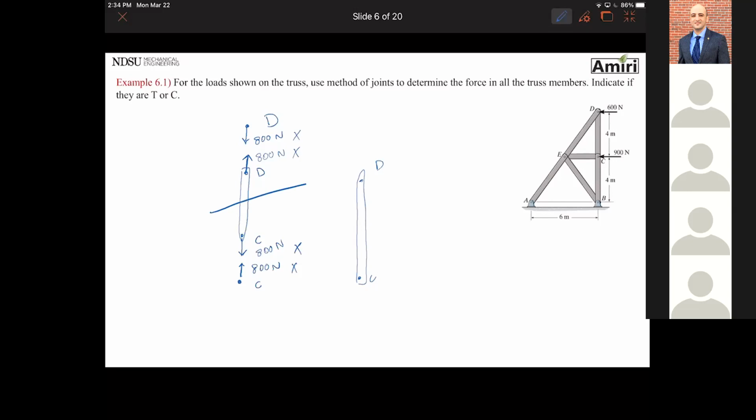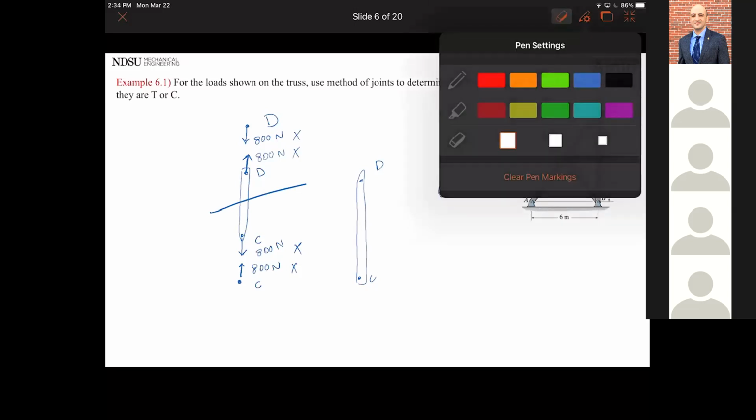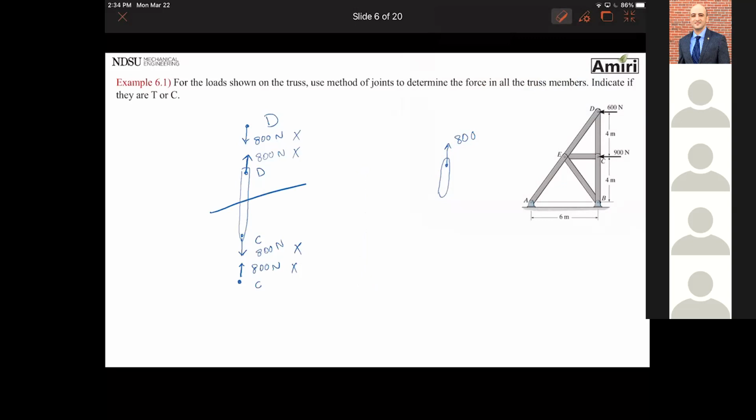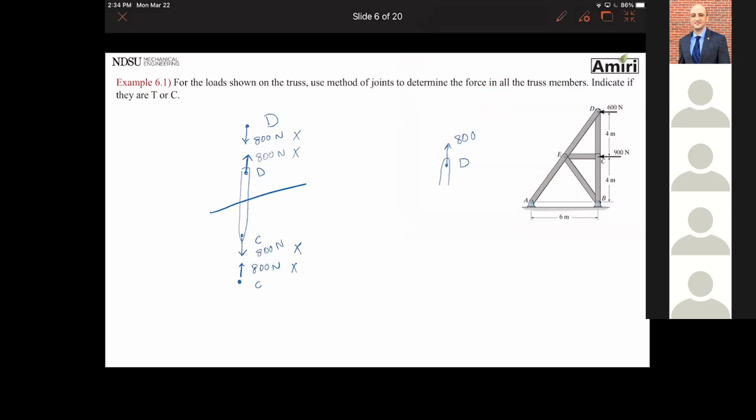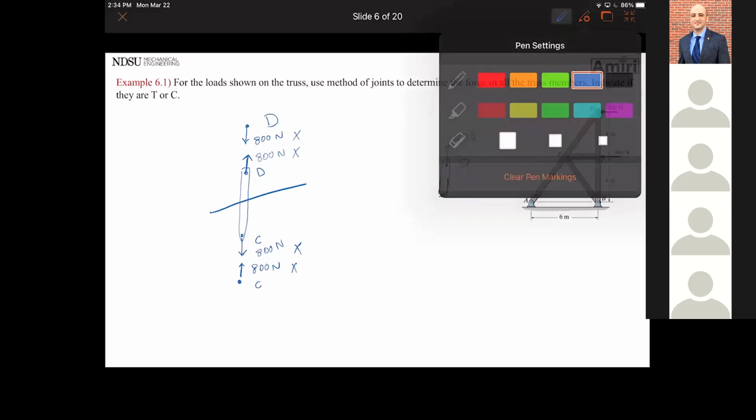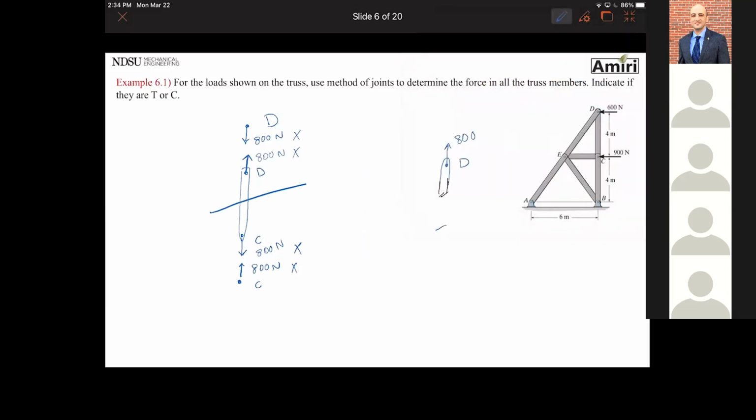Let's see what happens. I have this 800 newtons going up. This is point D, and better make a better cut. I made a cut. Okay, and here's my other side of the cut, C.